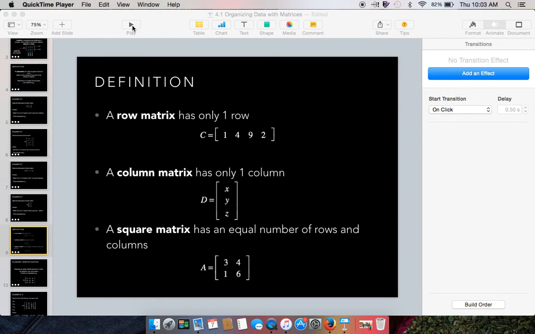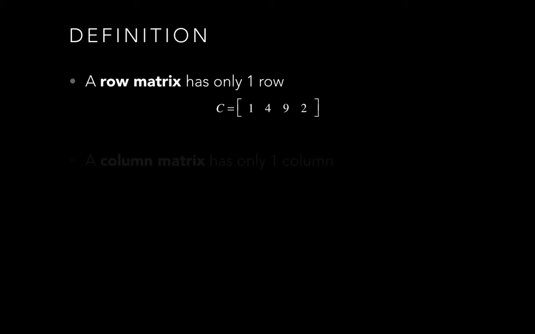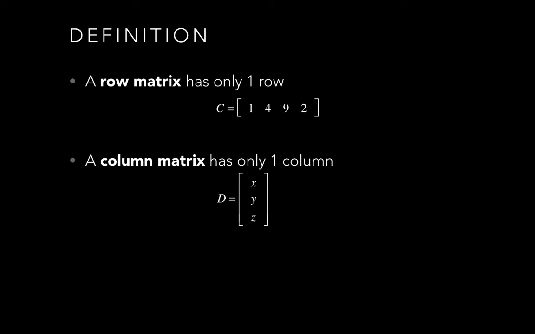Now, we have some unique kinds of matrices that, because of their utility, have unique names. One is a row matrix, and it only has 1 row. That gives it its name. You could also have a column matrix, and it will only have 1 column.